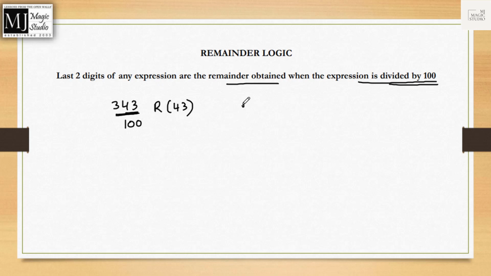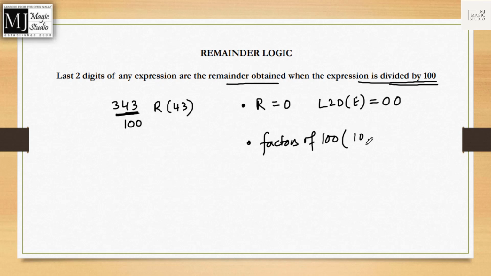And what if the remainder is 0? If the remainder is 0, then the last two digits of that expression are nothing but 0, 0. And one more thing, for working purposes, we can use factors of 100 also. Easy factors of 100 are 10, 20, 25, 50, or 100 itself.